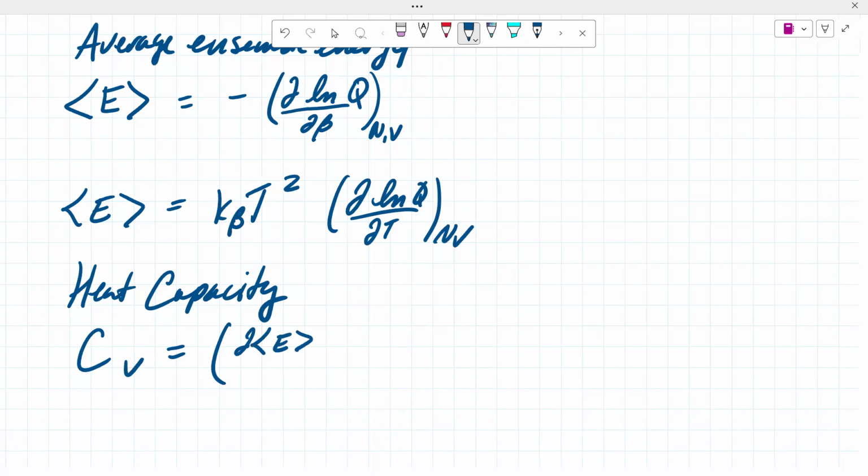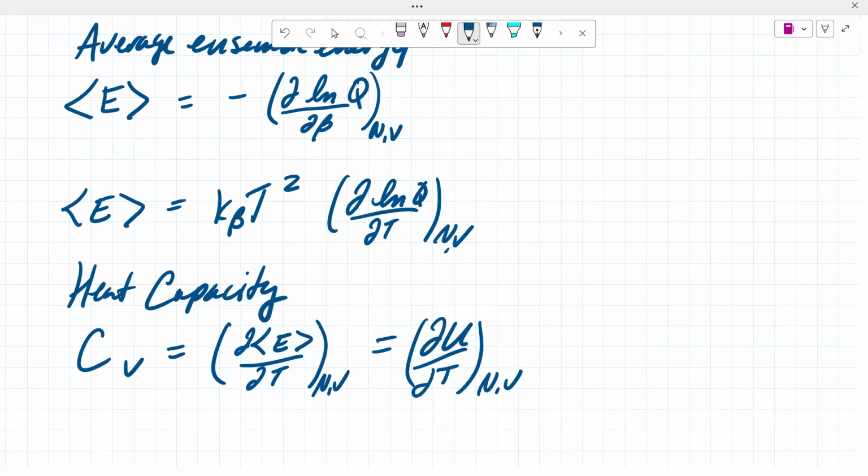The change in the average energy over temperature at constant N and V. You should have commas in it. Is equal to ∂U/∂T at constant N and V.